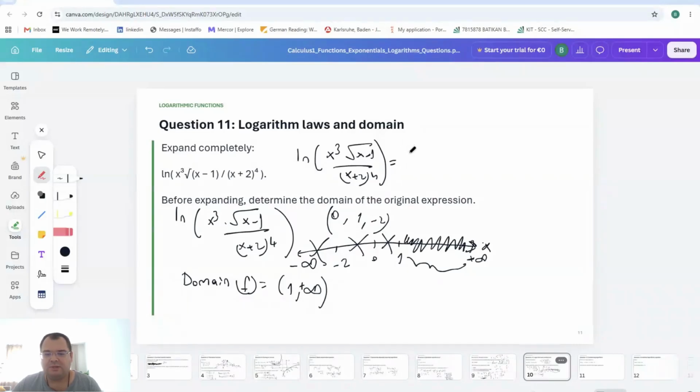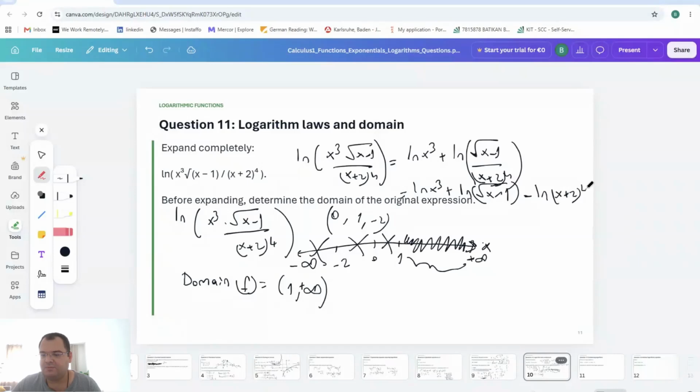So you will end up with ln x to the 3 plus ln square root of x minus 1, minus ln x plus 2 to the power of 4.